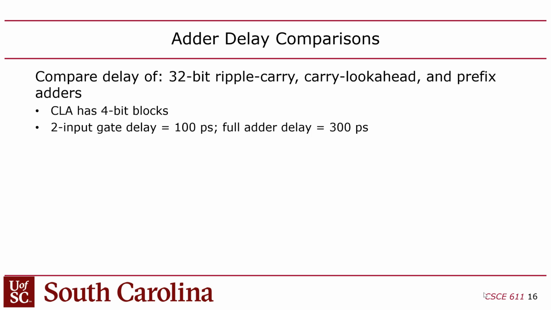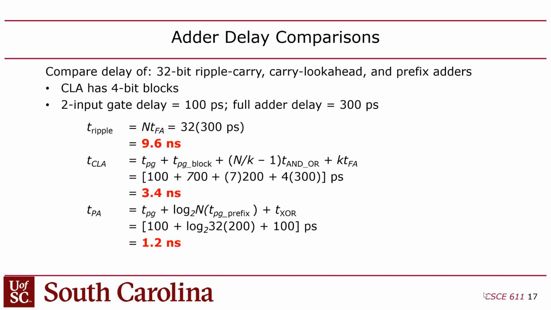The two-input gate delay is 100 picoseconds, and a full adder delay is 300 picoseconds. So all you have to do is take those numbers and put them in the equations, and what you end up with in this case is the ripple carry is 9.6 nanoseconds, the carry lookahead is 3.4 nanoseconds, and the prefix adder is 1.2 nanoseconds. And again, it's just a matter of plugging those numbers in.